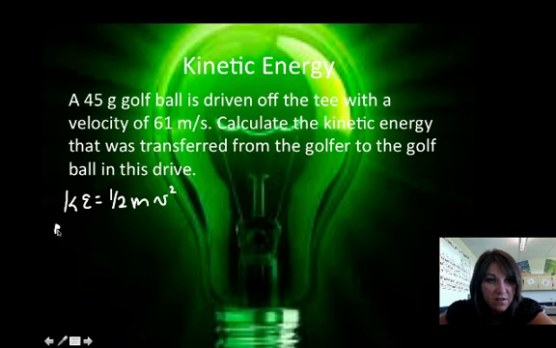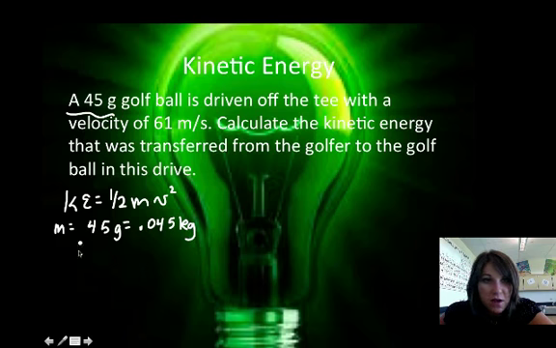All right, so let's list what we know in our problem. We have a 45-gram golf ball, and we're going to need to change that to kilograms. So 0.045 kilograms. And it's driven off of a tee with a velocity of 61 meters per second. Well, thankfully that's already metric, and that's in the units we need, so we're good to go.